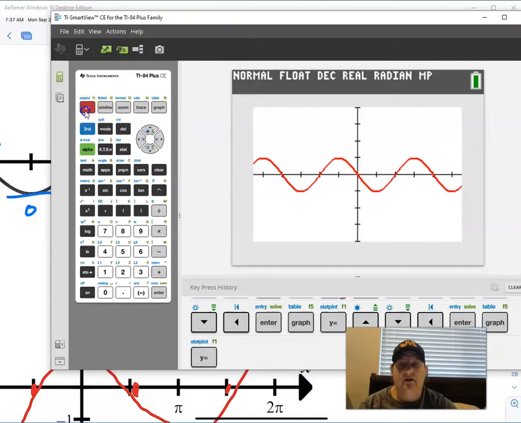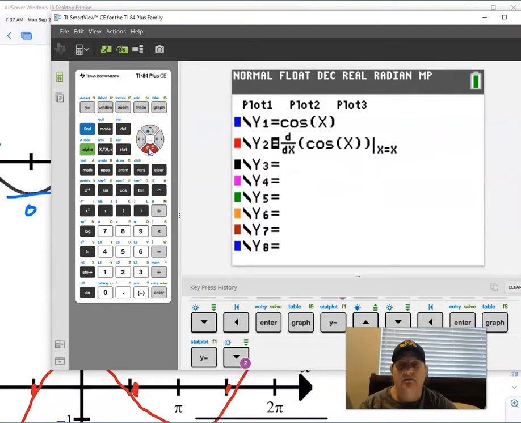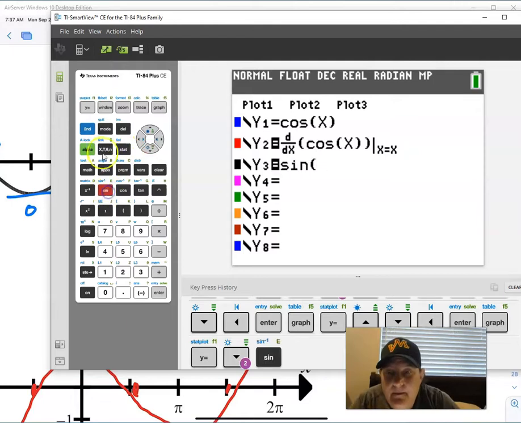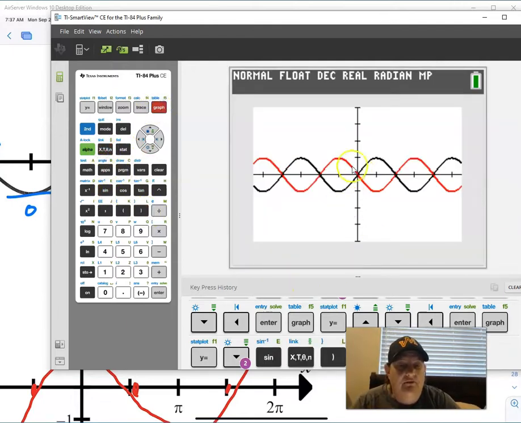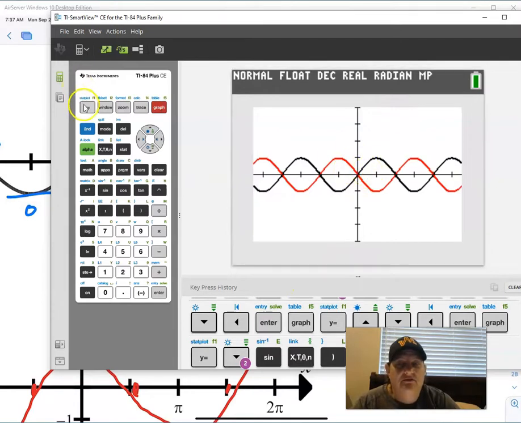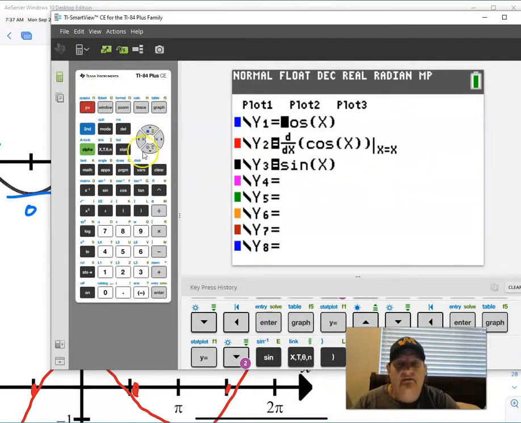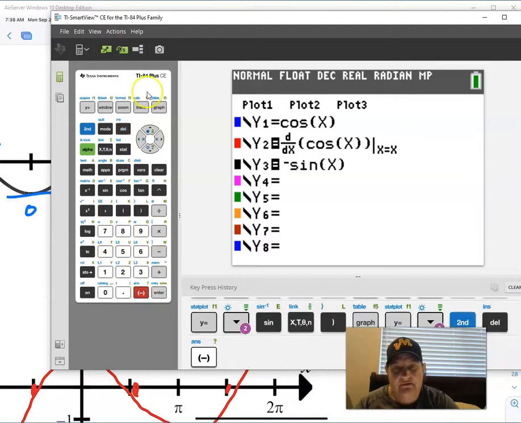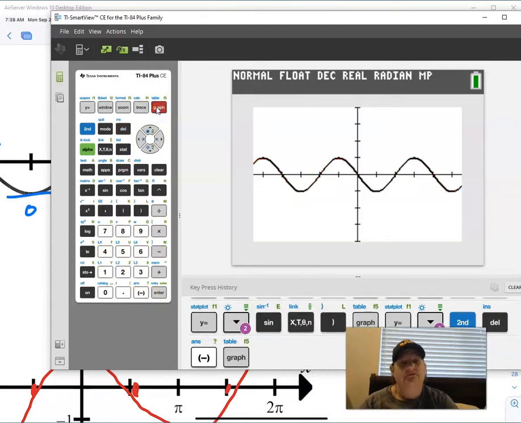Normal sine graph goes up first. This goes down first. So how do I make this the same? It's actually negative sine graph. And now you can see that it's the same thing.